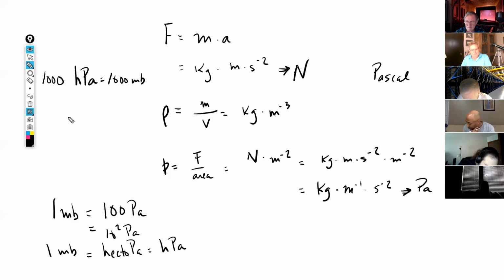It's stupid. But when you're doing a problem, you need to convert it into SI units. If you're going to solve a problem, you need to put everything into SI units. Bruce, remember I said put everything in scientific notation? You need to add to that SI units.